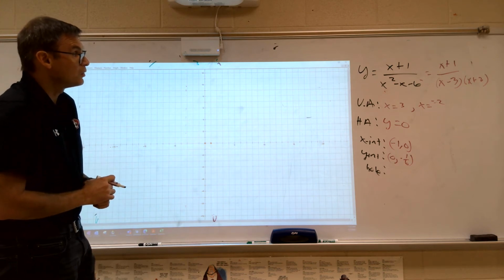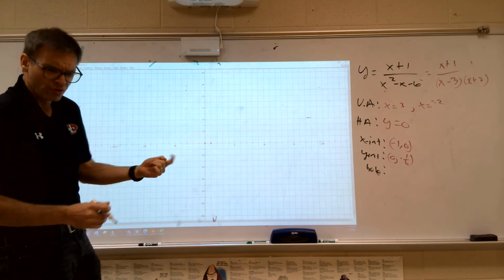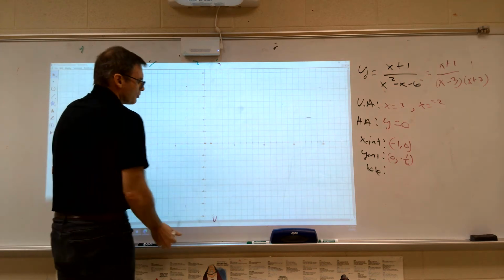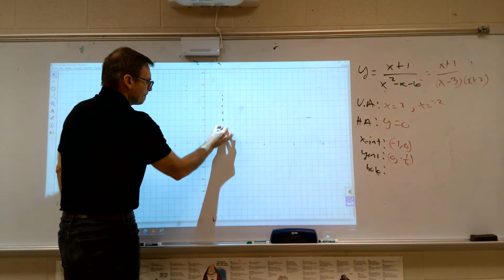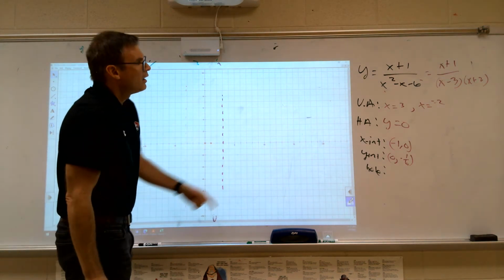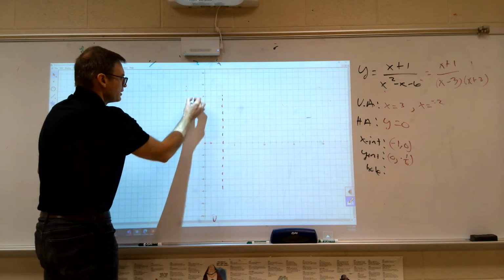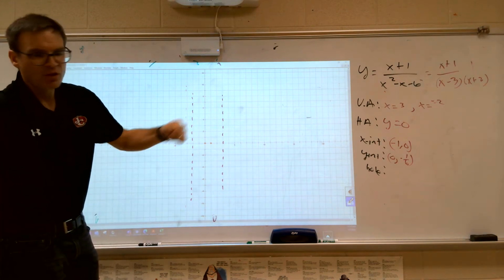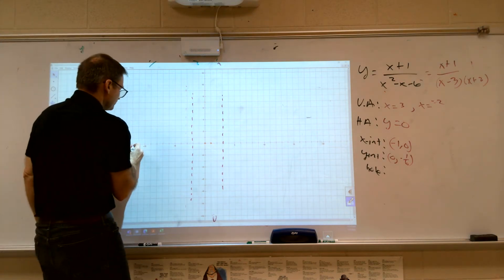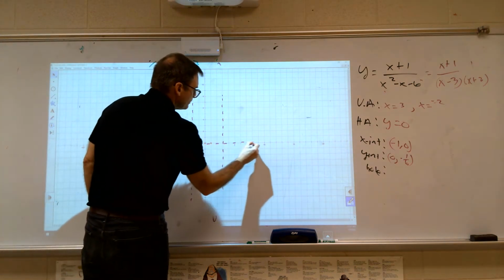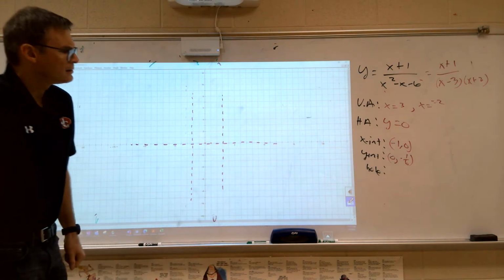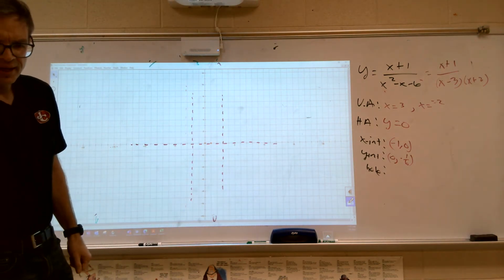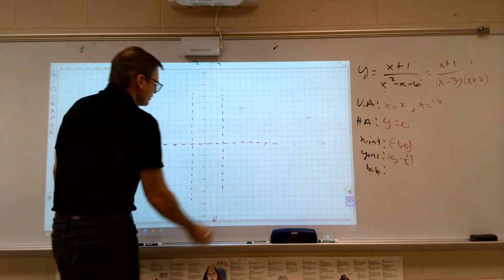All right, so we have two vertical asymptotes. So we have a vertical asymptote at 3. We've got another vertical asymptote at negative 2. Right. And we have a horizontal asymptote at y equals 0. Looks like we've got an x-intercept at negative 1, 0.